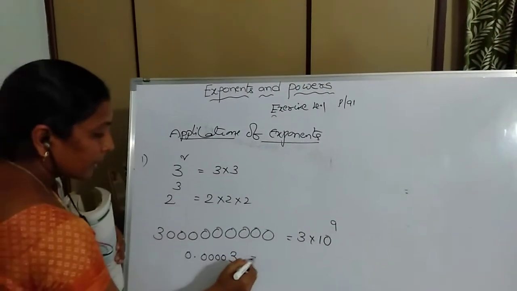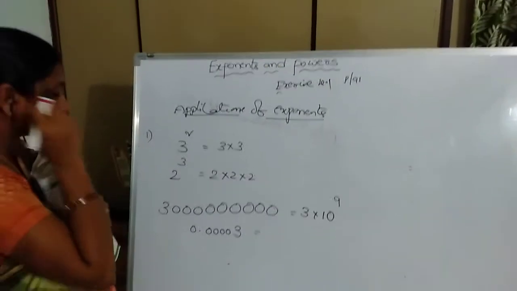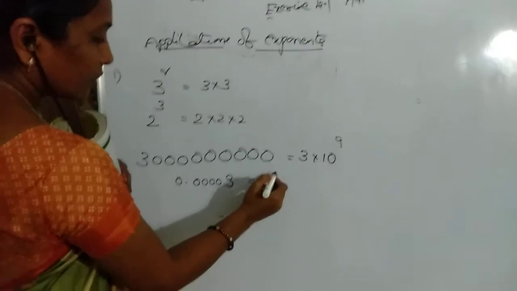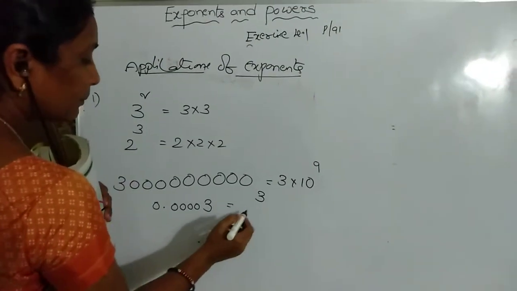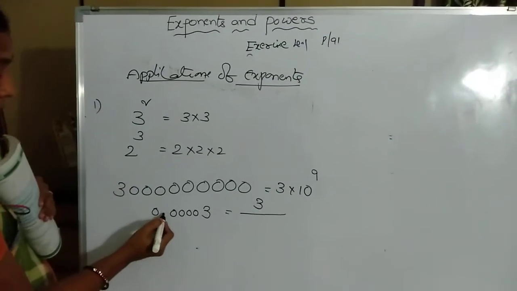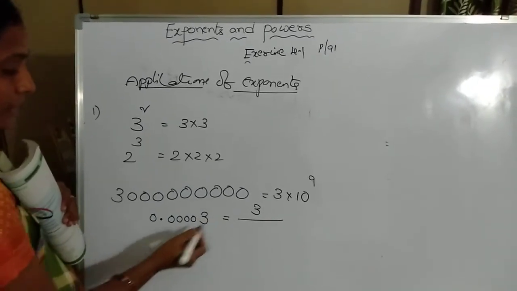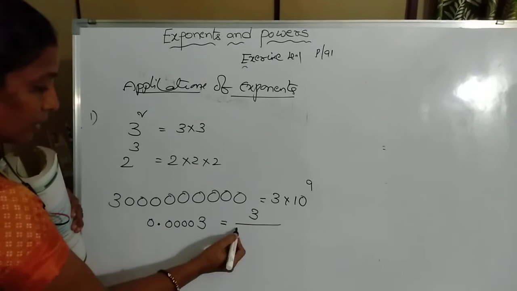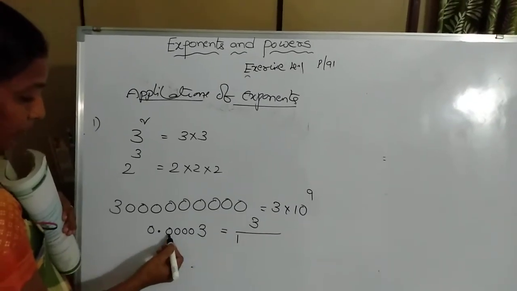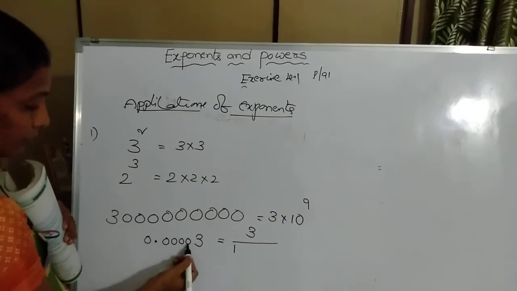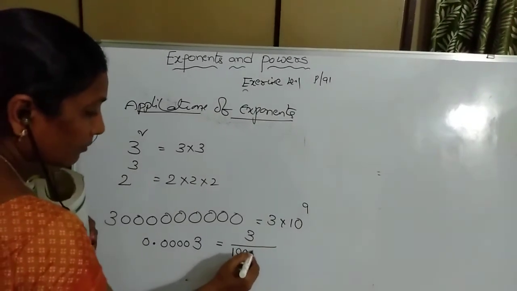0.00003 can be expressed in the exponential form. It can be written as 3 by, the decimal point becomes the denominator, 1 followed by how many zeros? After the decimal there are 1, 2, 3, 4, 5, so we put 5 zeros.